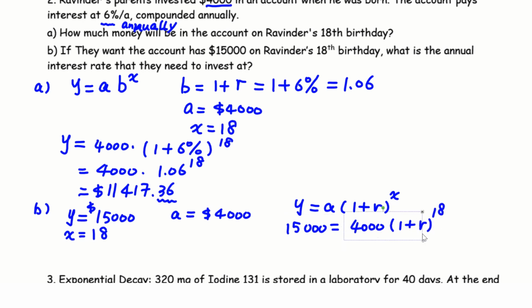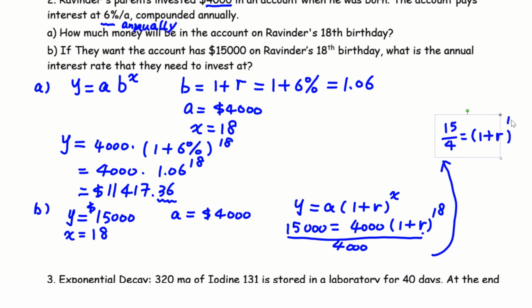So in order to solve for r, we move the numbers to the other side by doing the opposite operation. So 15,000 divided by 4,000, then we are going to have 15 over 4 equals 1 plus r to the exponent 18.